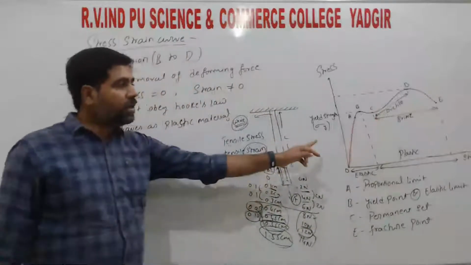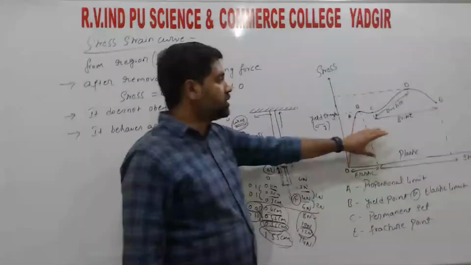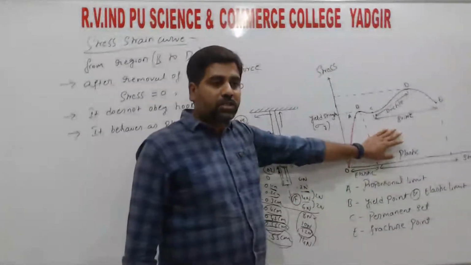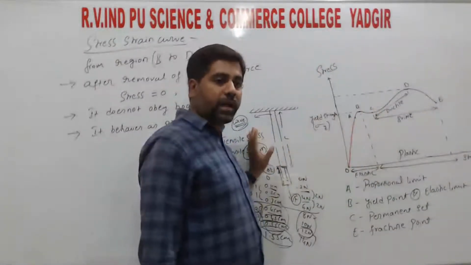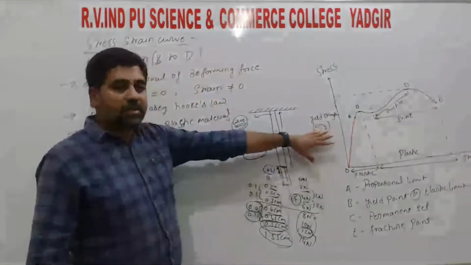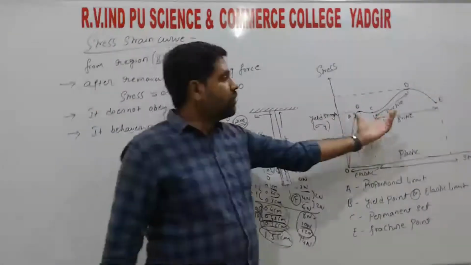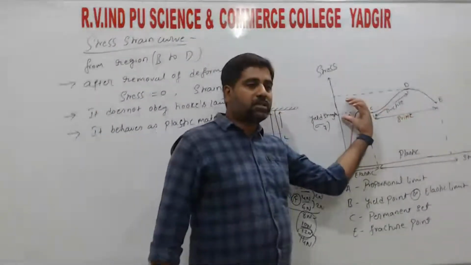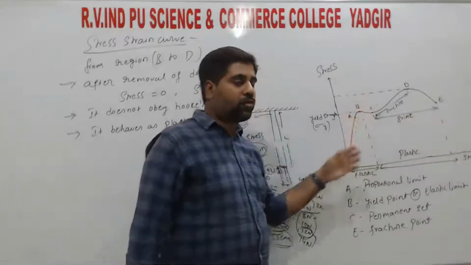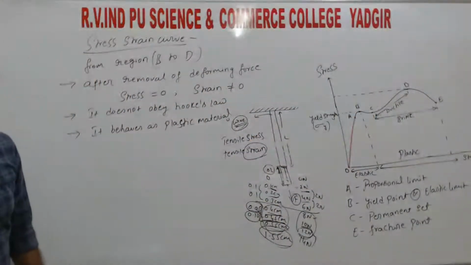So this one is the general curve for stress and strain. Since we have considered some general material, we are getting the curve in this pattern, right? But the length and the stress variation depend on the material of the wire, right?